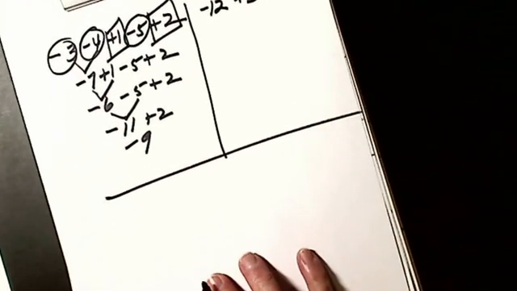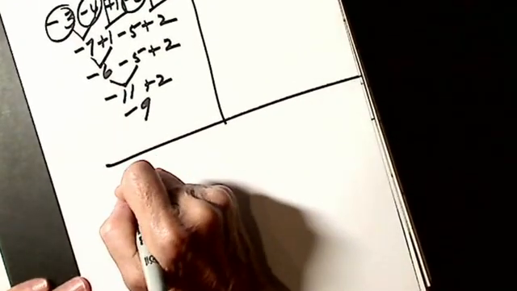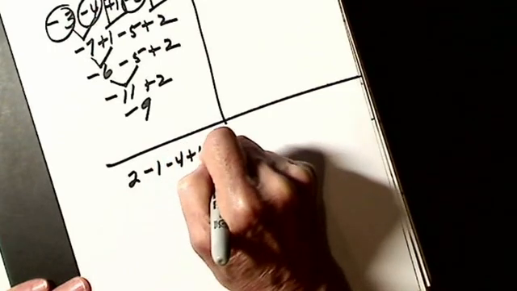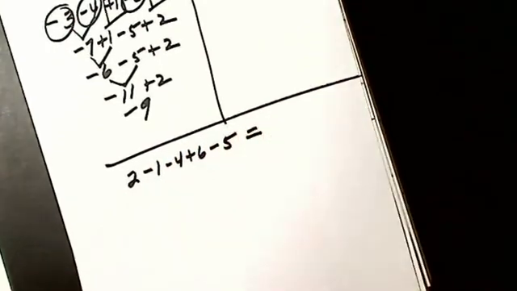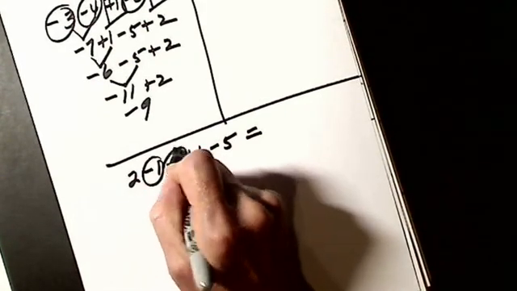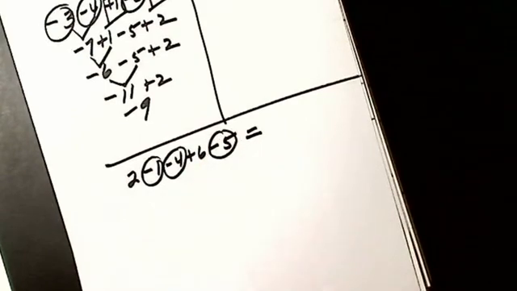Let's do another one. 2, -1, -4, +6, -5. So what I'm going to do is group like signs. Group my negatives, group my positives. So there's a -1, a -4, and -5. That means if the signs are alike, add.